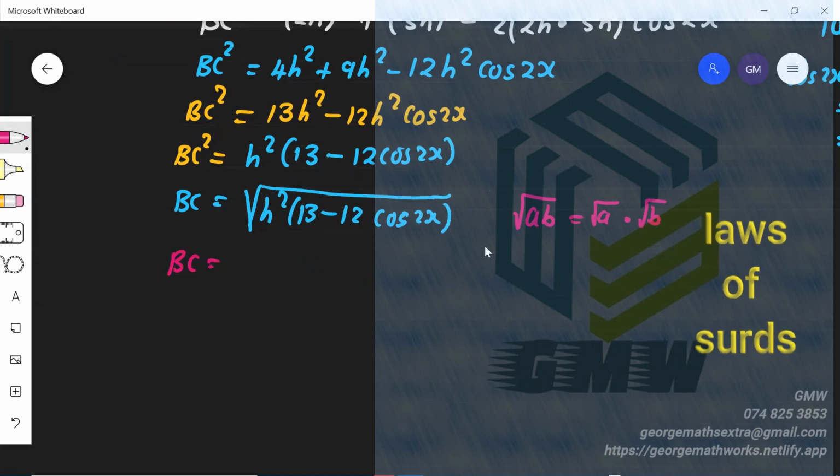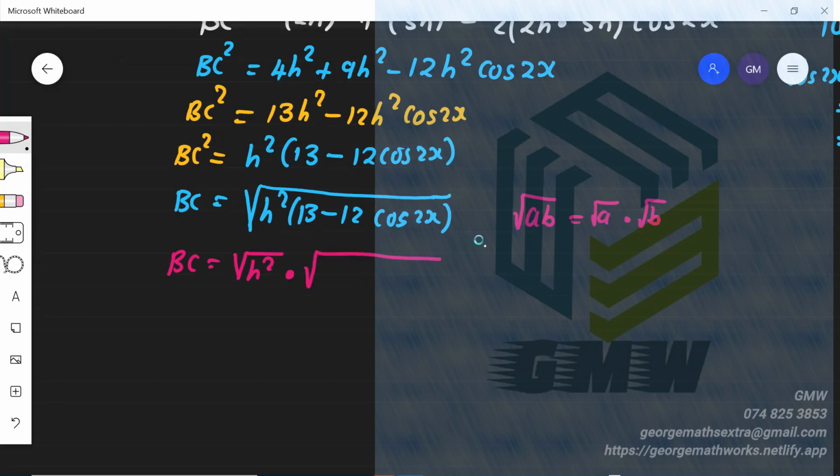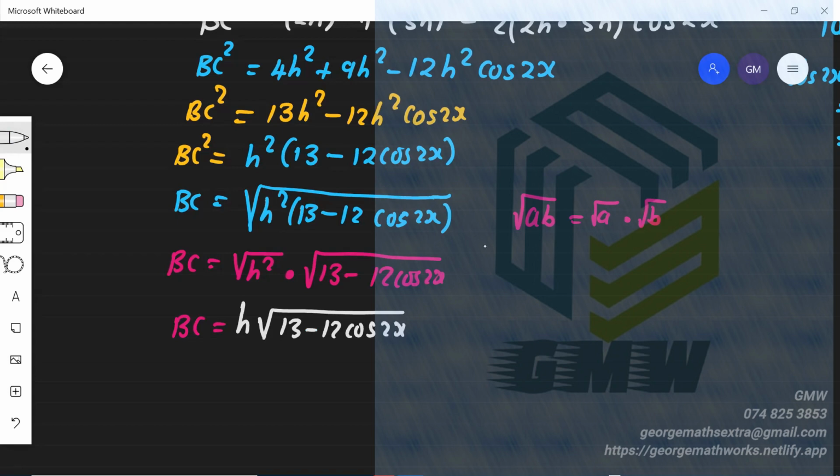If you agree with that, it means it's the same as the square root of h squared multiplied by the square root of 13 minus 12 cos 2x. What is the square root of h squared? It's h. Then the square root of 13 minus 12 cos 2x.